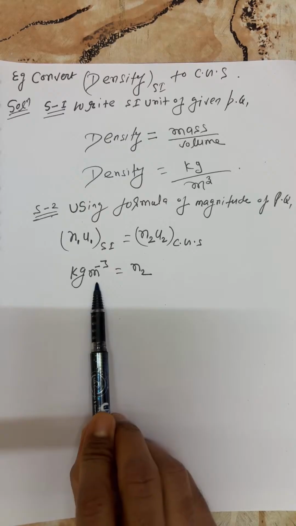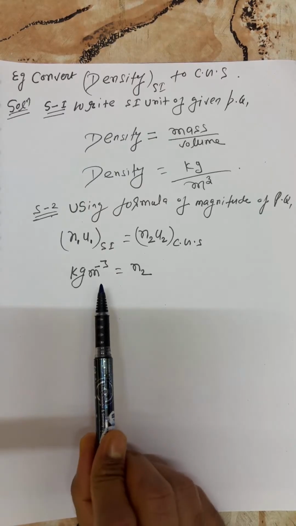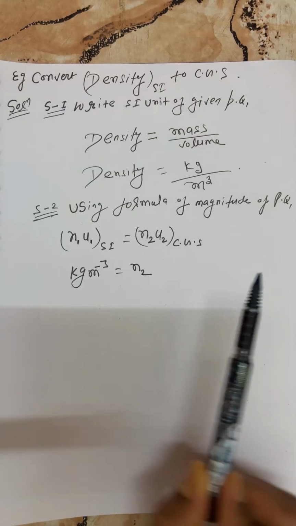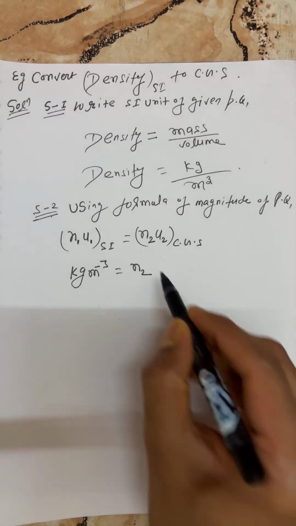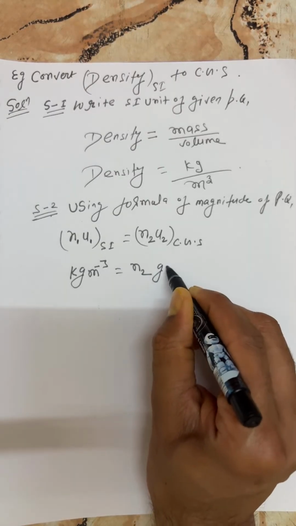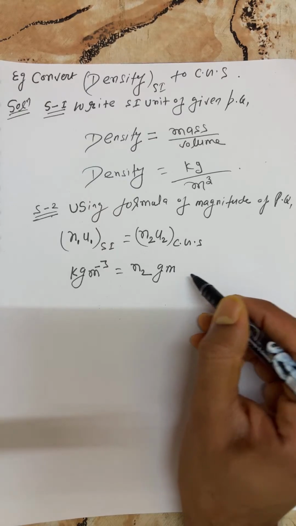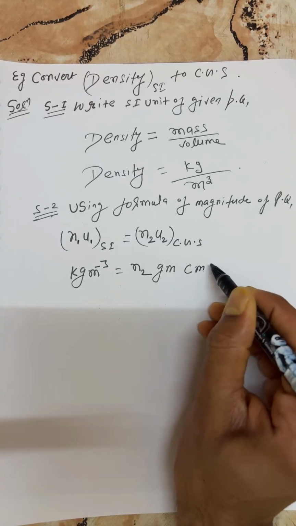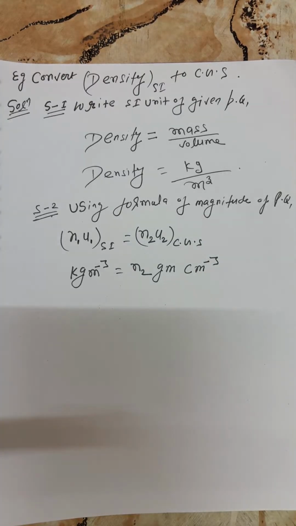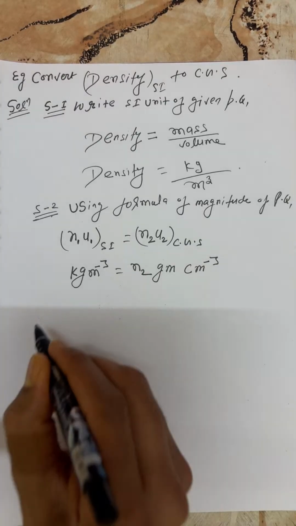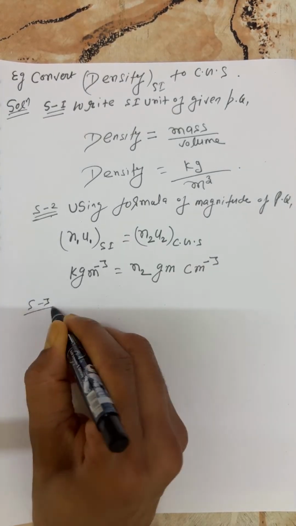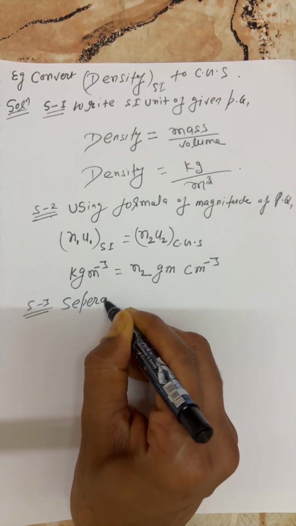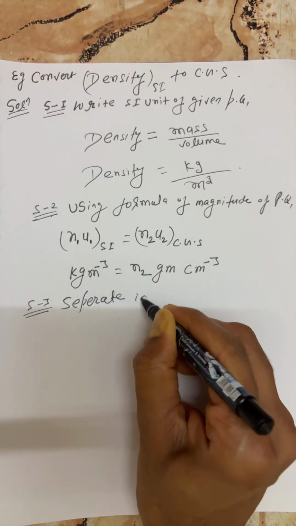Same physical quantity: on one side you write the SI unit, on the other side the CGS unit of the same quantity. So tell me, what is the CGS unit of mass? Gram. The CGS unit of length is centimeter, to the power minus 3. Now, students, we wish to find n2. So step 3: separate identical quantities from each other.